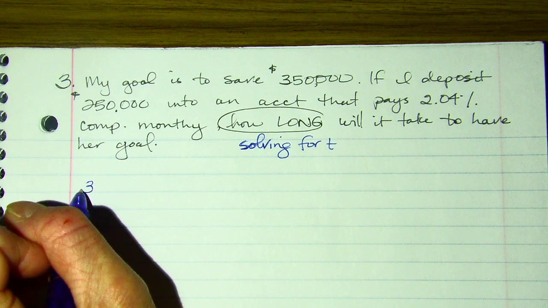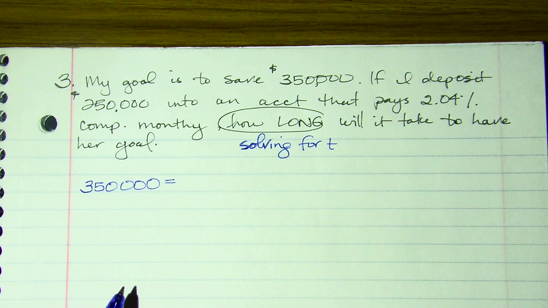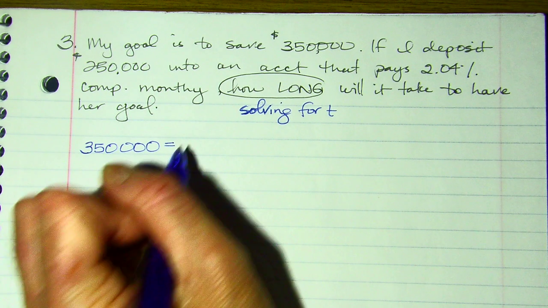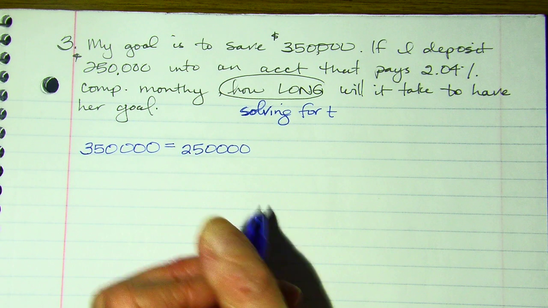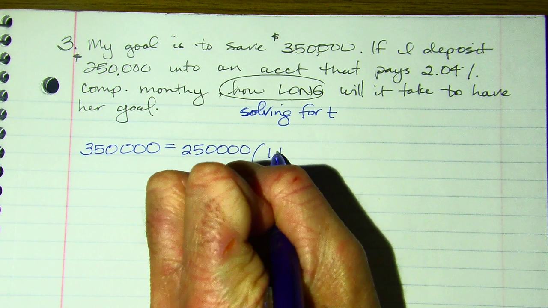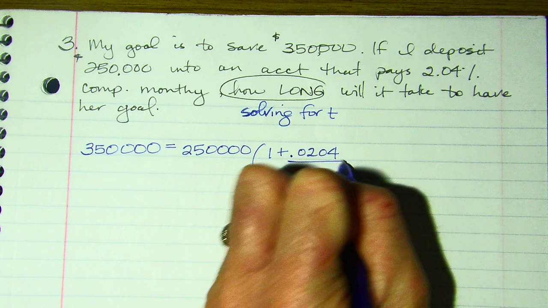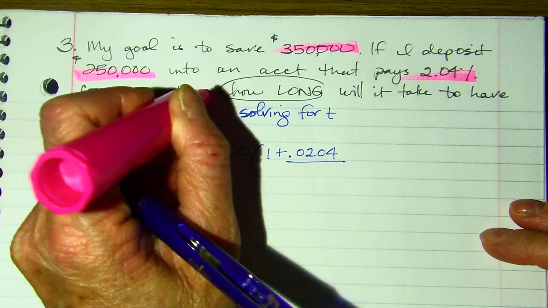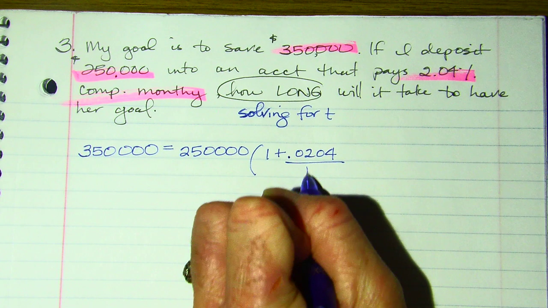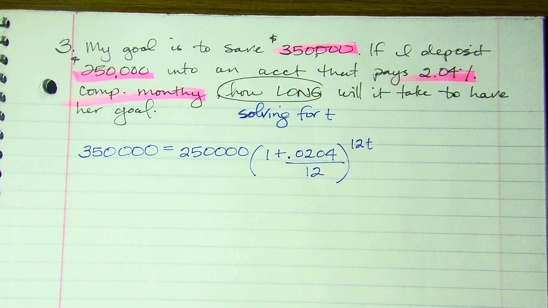I want a total of $350,000. So that is what's in my account. I am going to deposit $250,000. In parentheses, I have 1 plus my rate, so 0.0204, divided by, compounded monthly being 12. And so then 12 times t. So I'm solving for t, remember? I don't know what t is.